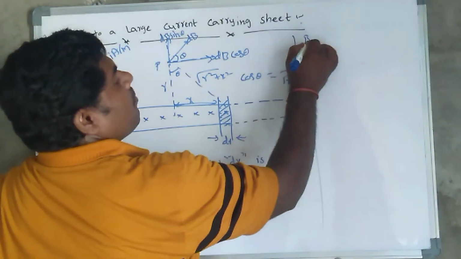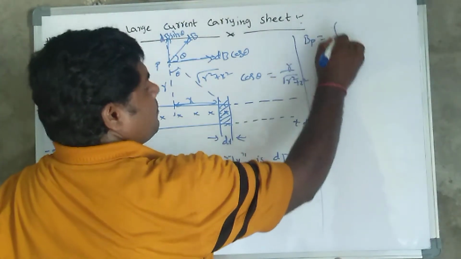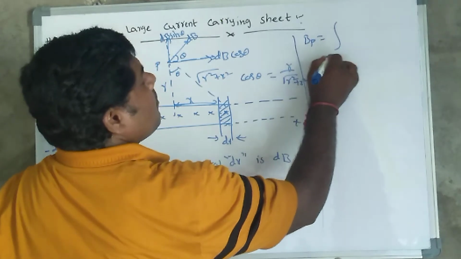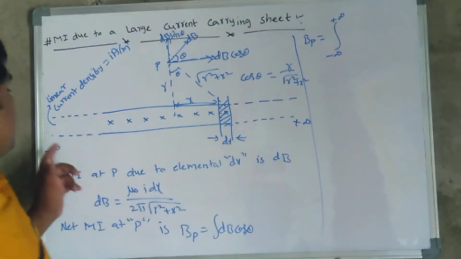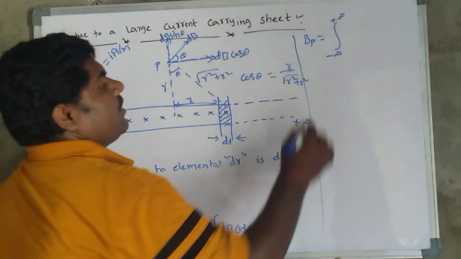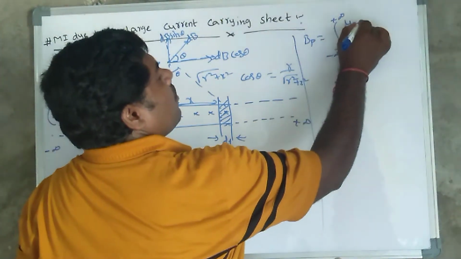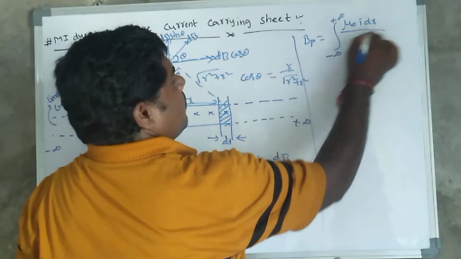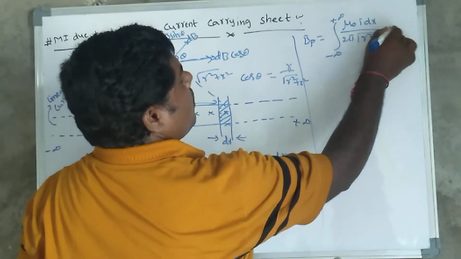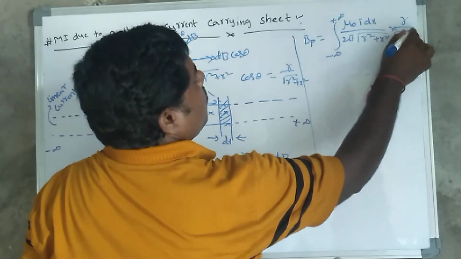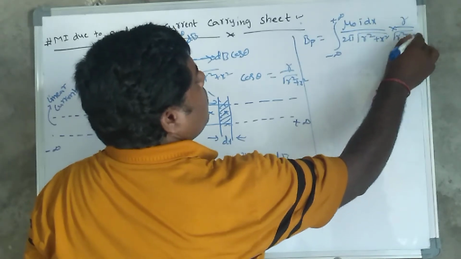So BP is equal to the integral with limits minus infinity to plus infinity of mu naught I dx divided by 2 pi under root of r square plus x square, into r divided by root of r square plus x square.